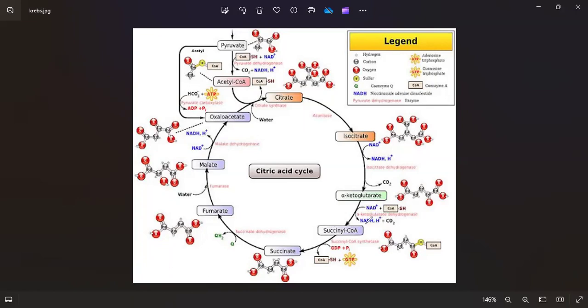It actually needs FADH as well, and it needs vitamin B1. Please note that. Thiamine. So vitamin B1 is also one of the vitamins needed in the Krebs cycle. So you've seen B1, B2, B3. There are others, but let's stick to these alone, okay?